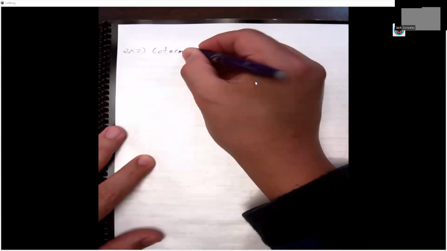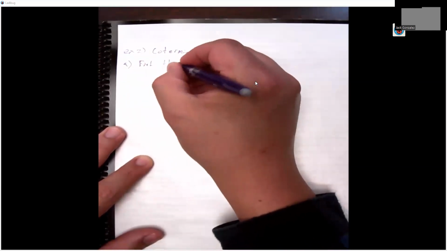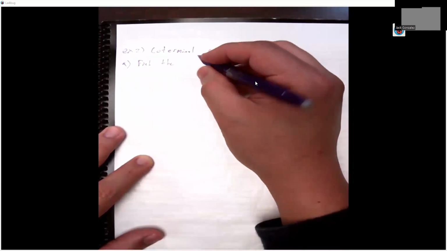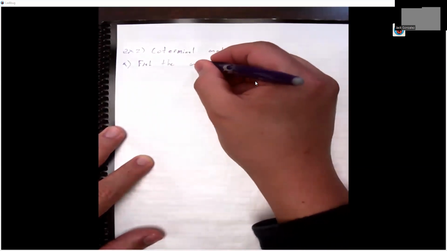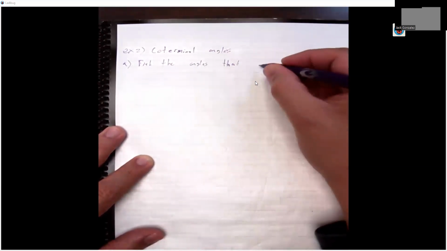Coterminal is something we've talked about, but not officially done. Find the angles that are coterminal to 30 degrees.